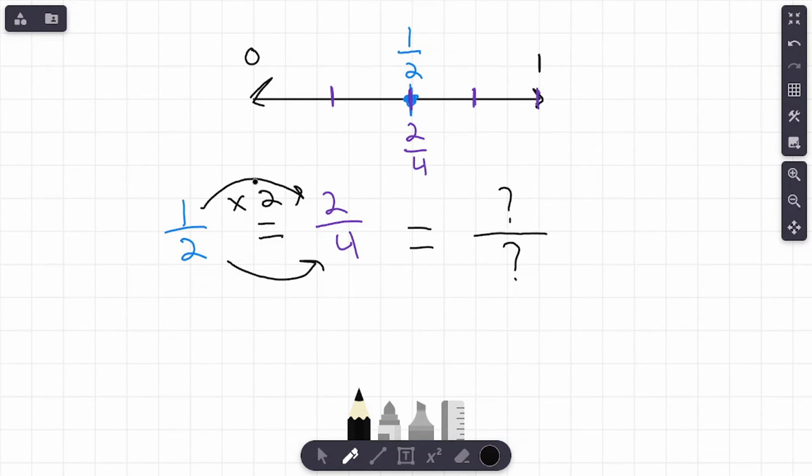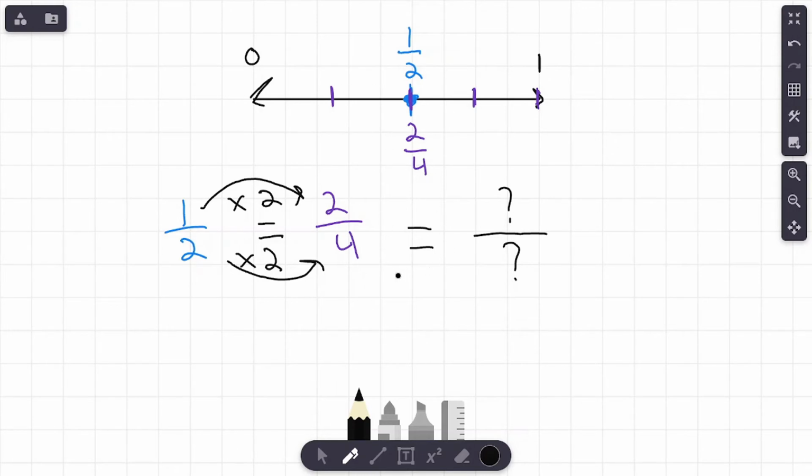You know that. Now here's the thing you have to remember with fractions. Anytime you're multiplying or dividing fractions, whatever you do to the numerator, you're going to do the same thing to the denominator. So if we multiply the numerator by 2, then we're going to multiply the denominator by 2. So we did 1 times 2, that gave us 2. We did 2 times 2, and that gave us 4. And this is our equivalent fraction.